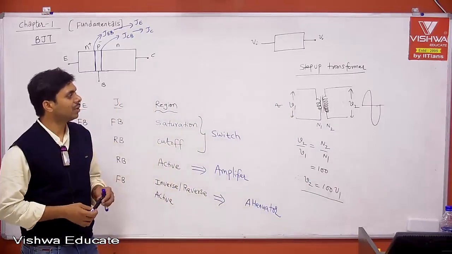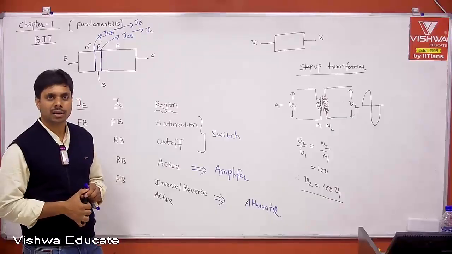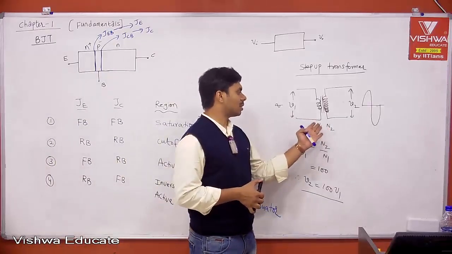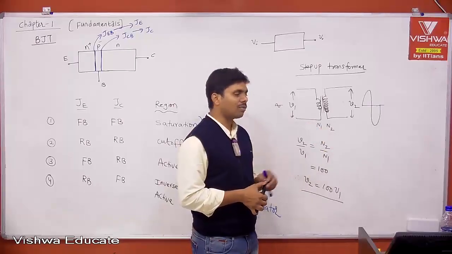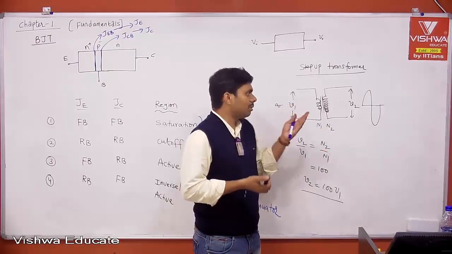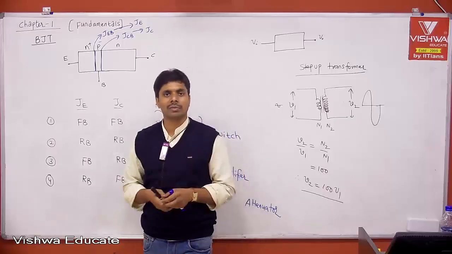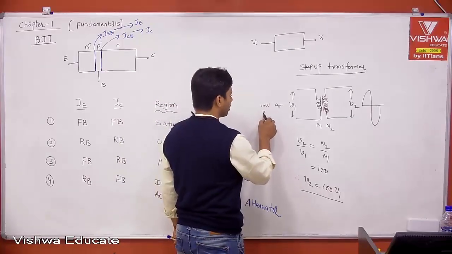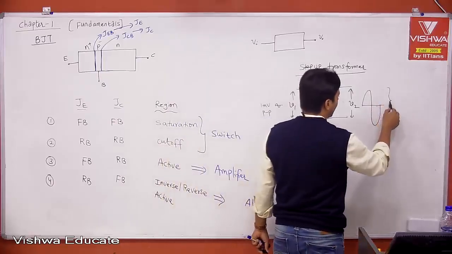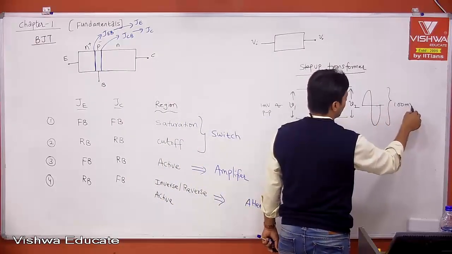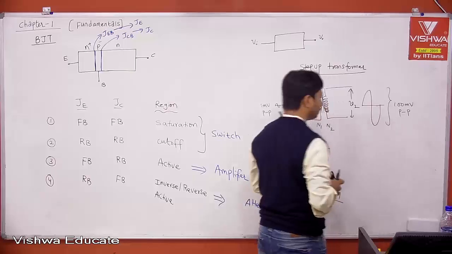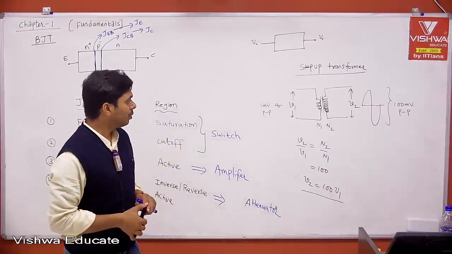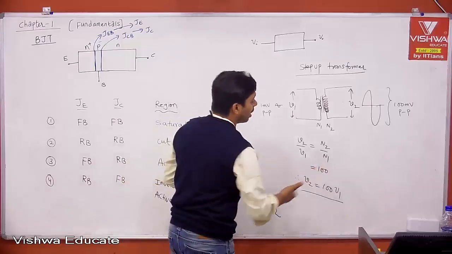If you take a step-up transformer, this is nothing but a voltage amplifier, because N2 is 100 times N1, so I am getting V2 as 100 times V1. Let us say the input is a 1 millivolt peak to peak sine wave, then surely I will get 100 millivolt peak to peak using the step-up transformer, no doubt about it. 100 millivolt peak to peak divided by 1 millivolt peak to peak is a voltage gain of 100.